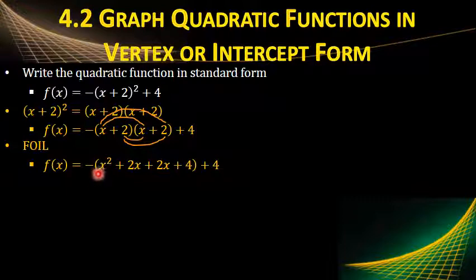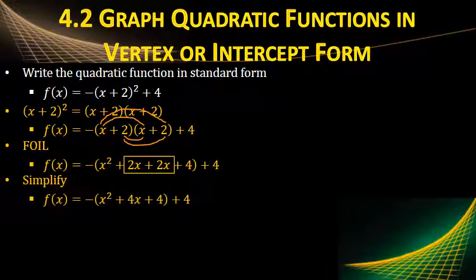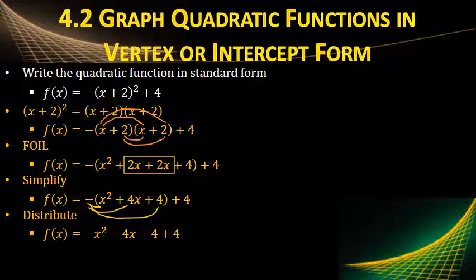The firsts are x times x. Outers were x times 2. Inners were 2 times x. And the lasts were 2 times 2. Combine like terms. Distribute the negative. And then negative 4 plus 4 adds up to 0. And there we have it.